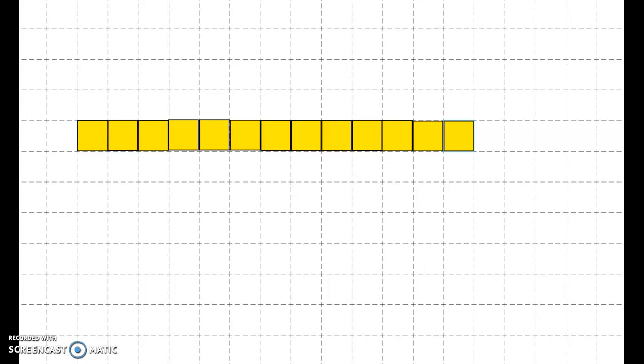So we can make another long, skinny rectangle with 13 tiles. We have our height of 1 row, and we have our width of 1, 2, 3, 4, 5, 6, 7, 8, 9, 10, 11, 12, 13 tiles.